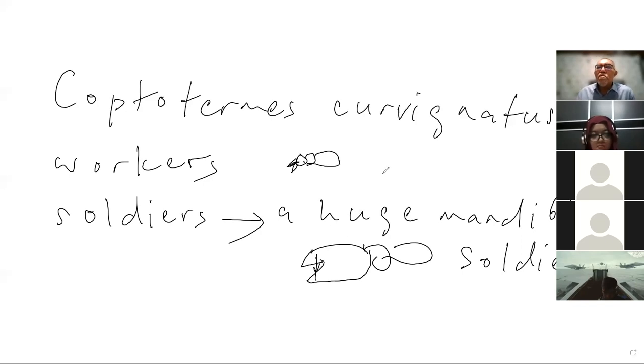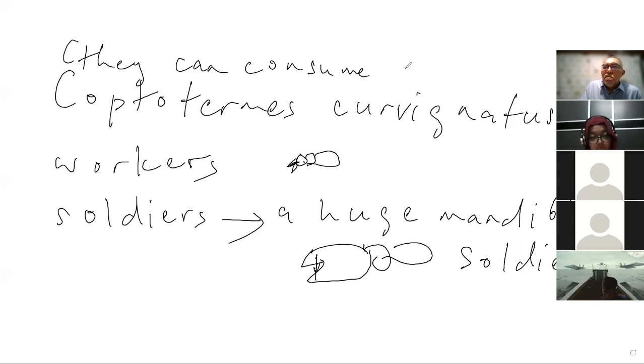Okay. Now, Coptotermes is unique in the sense that they can consume a standing tree. So what is a standing tree? A standing tree is a living tree, pokok yang hidup.